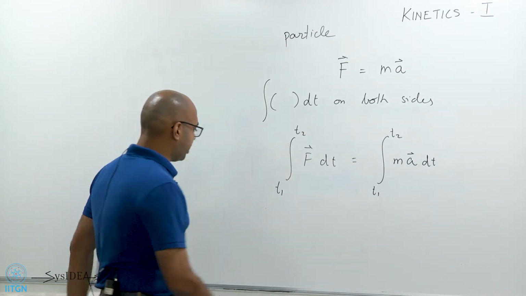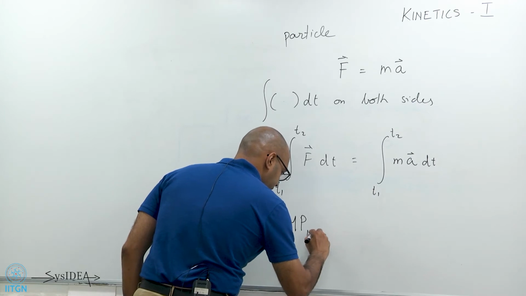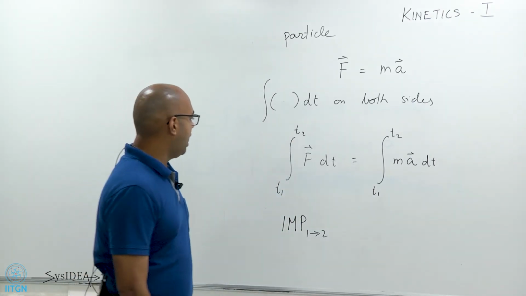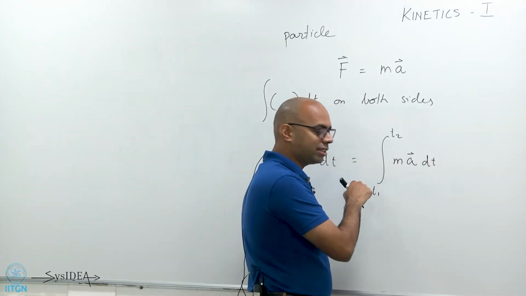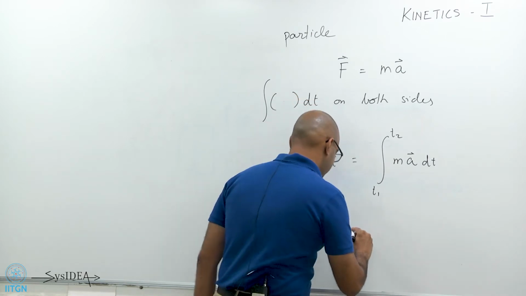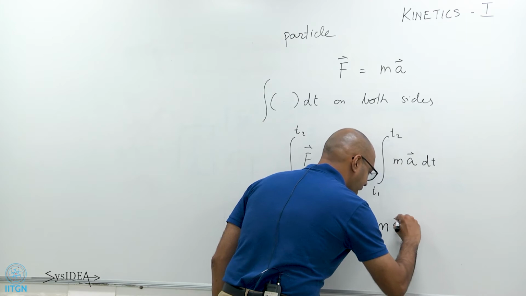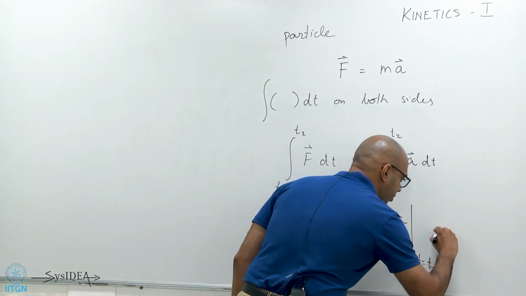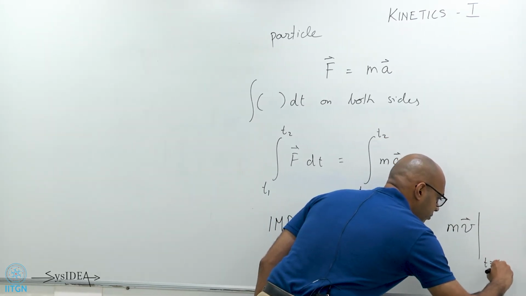The term on the left hand side is called the impulse in going from time instant 1 to time instant 2. On the right, a is dv by dt, and dt cancels. So the integral of dv simply gives me mv, so this becomes mv at time t2 minus mv at time t1.